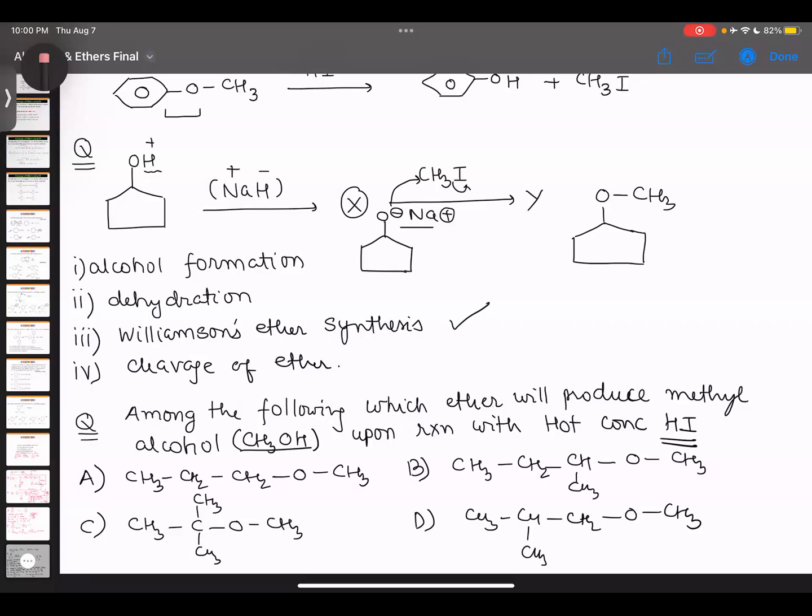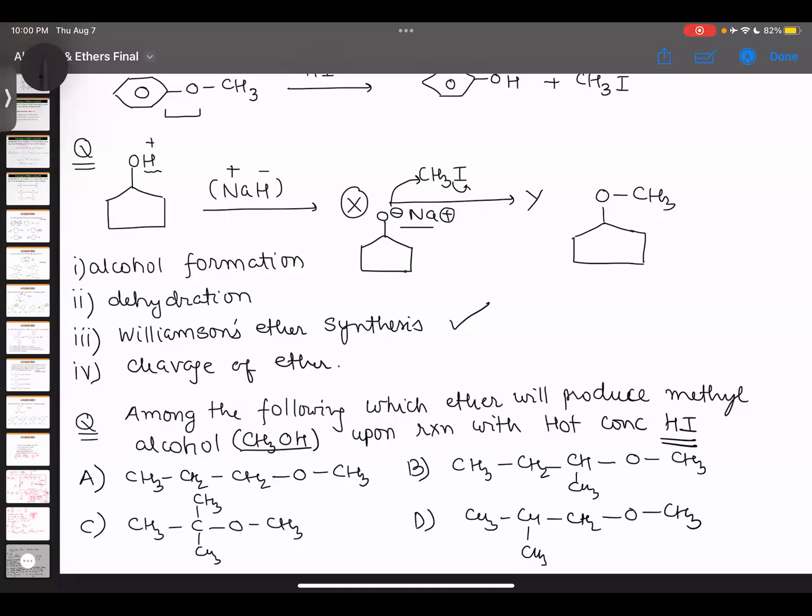So if the reaction is SN2, you can never get CH3OH. I hope you are getting my point. Because if it is SN2, you will end up with CH3I, not with CH3OH. Because I minus will attack, okay? And that's why the mechanism will be SN2.